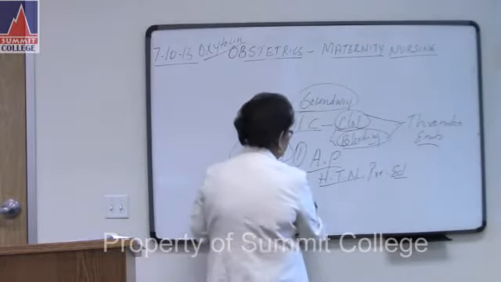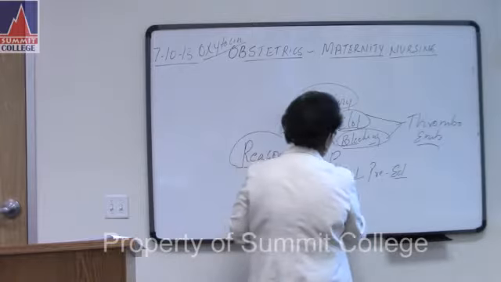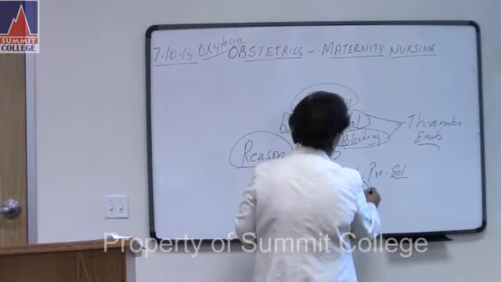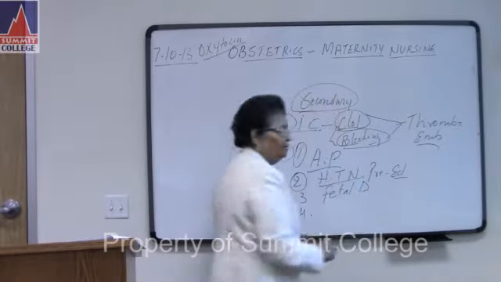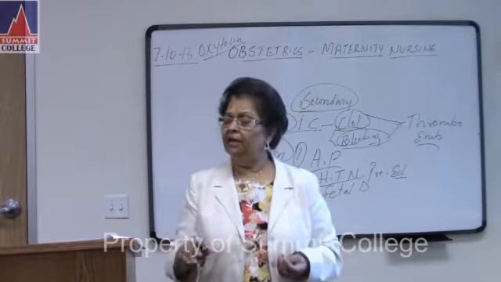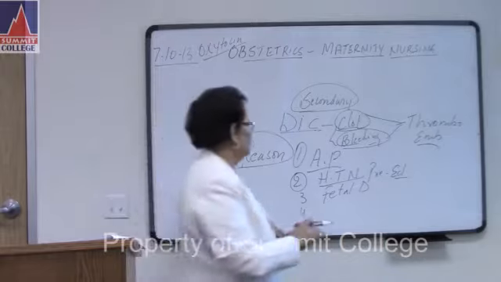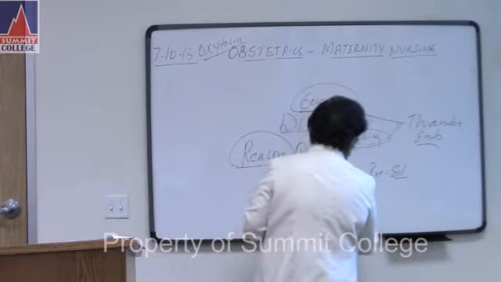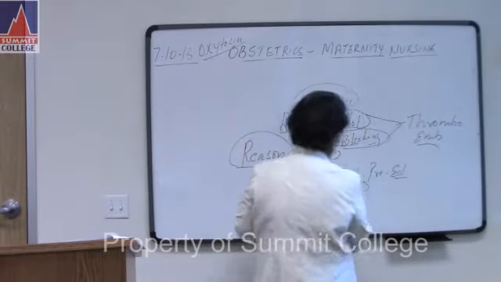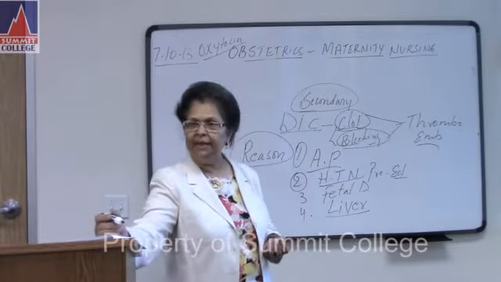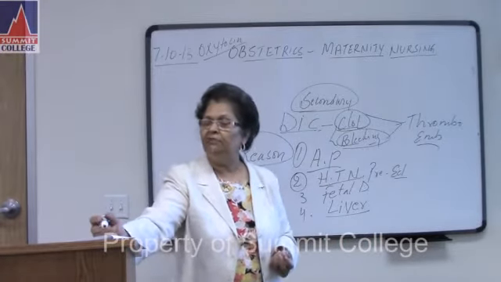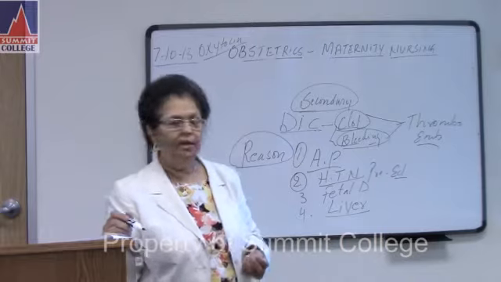Babies die in the fetus, fetal death. Next is a mother having any liver problem. Even in a med-surg question, liver cirrhosis leads to bleeding, any liver problem affecting bleeding and clotting.